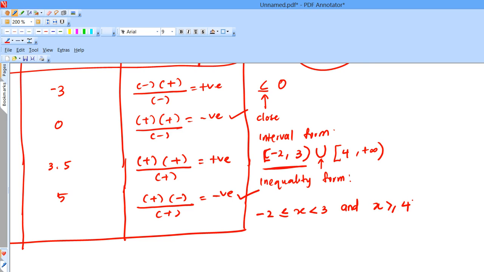This is how you write the solution. Okay, next we move to the second example.